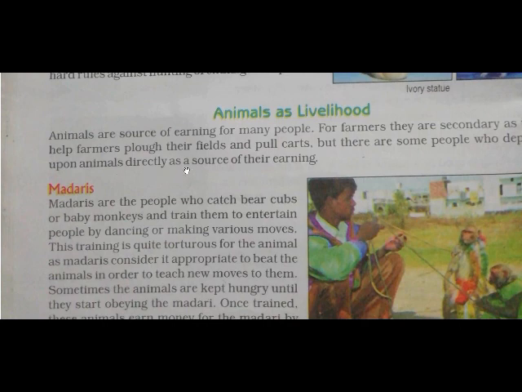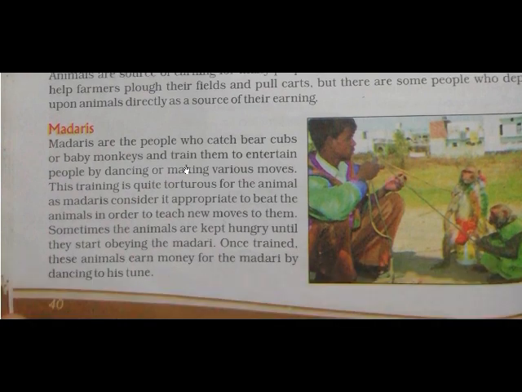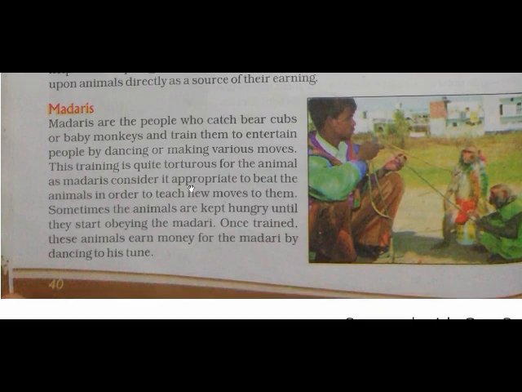Some animals are used for eating by many people. Some farmers use them secondarily for plowing fields and pulling carts, but some people depend upon animals directly for their source of earning. Like they will keep animals in zoos and earn from them, or they will use the animals in circuses, earn from them, and then they will eat.